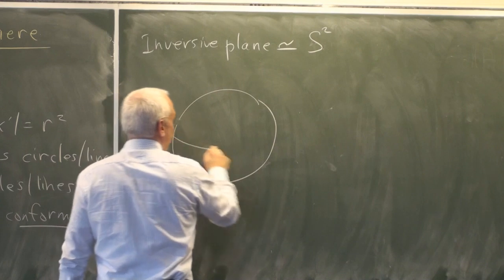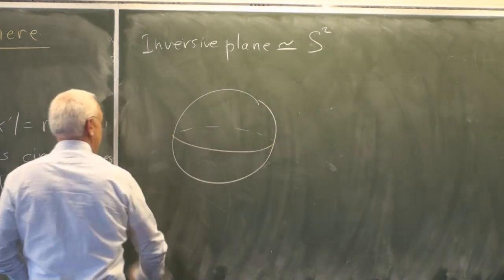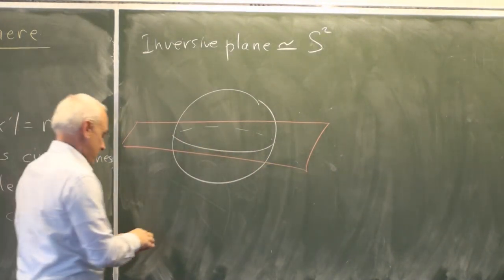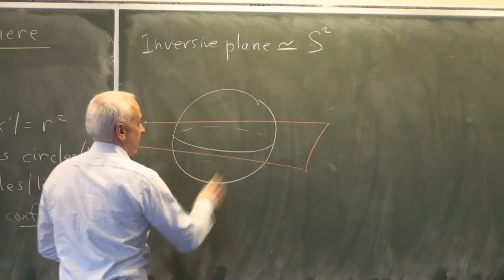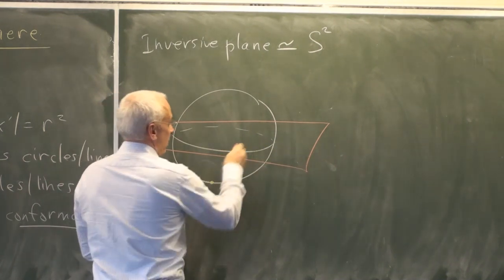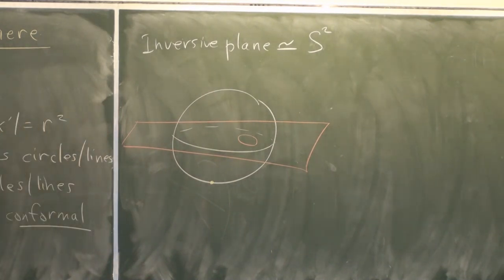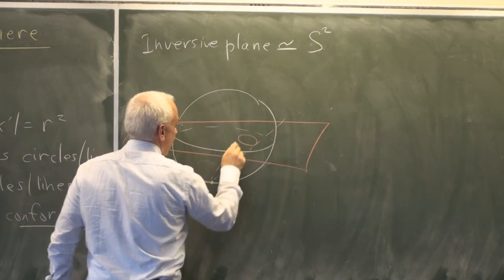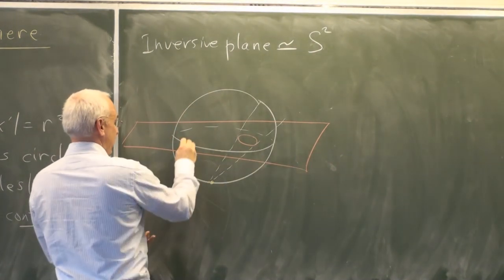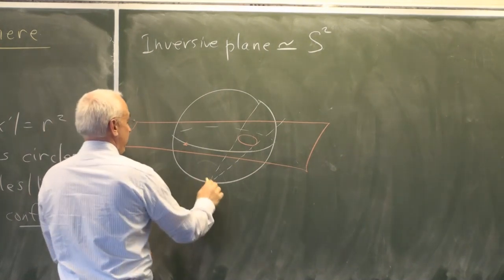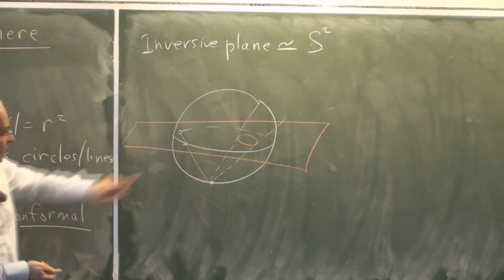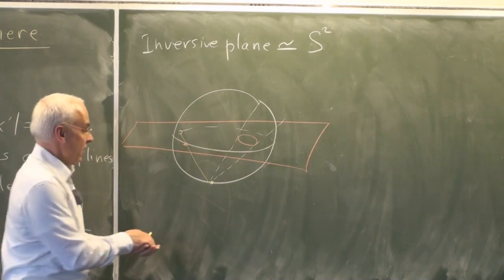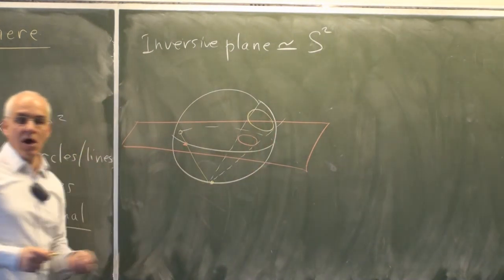So here's a sphere, and its equatorial plane, and a south pole. And if we're given any circle, say in the plane, then we can project that up. We can project any point on the plane to a point on the sphere. It's a little bit hard to visualize. This is supposed to be a point on the plane, and this is a point on the sphere. And this is a circle in the plane, and this is the corresponding circle on the sphere.